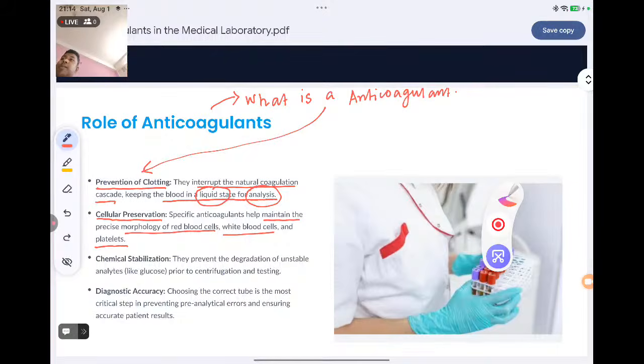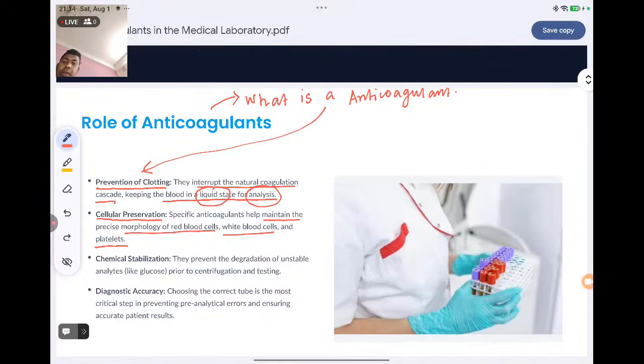So, sodium fluoride is an antiglycolytic substance, that is, it does not allow the blood to undergo glycolysis. So, it preserves the sugar in the whole blood, and after centrifugation we can obtain the plasma from it, which in turn helps in the test of glucose.